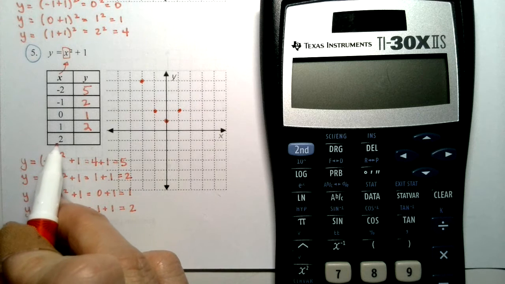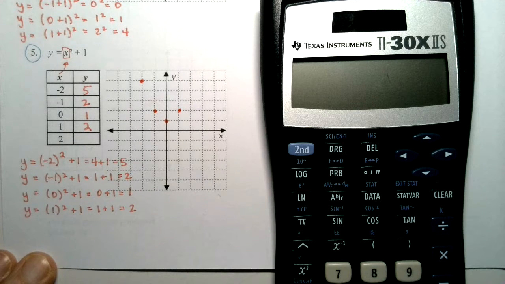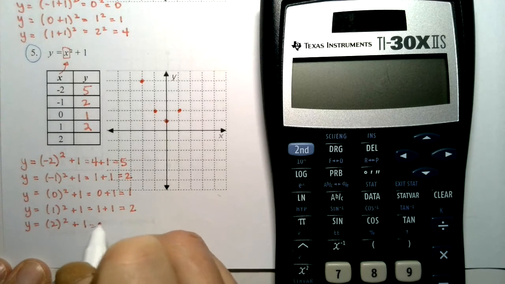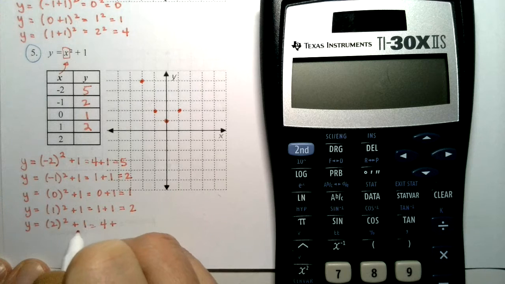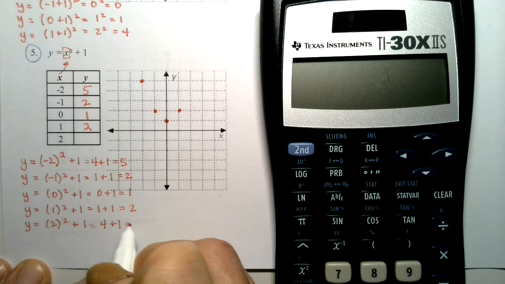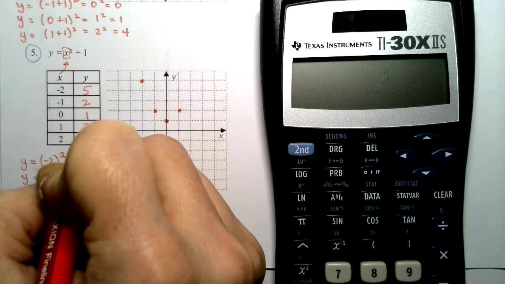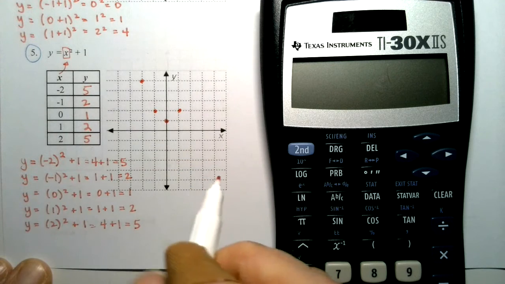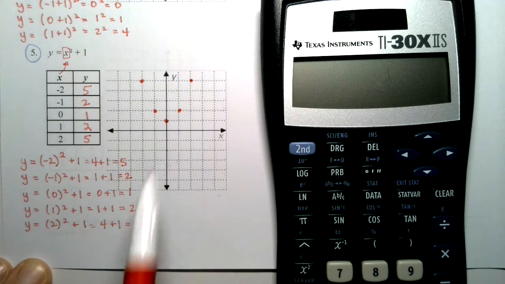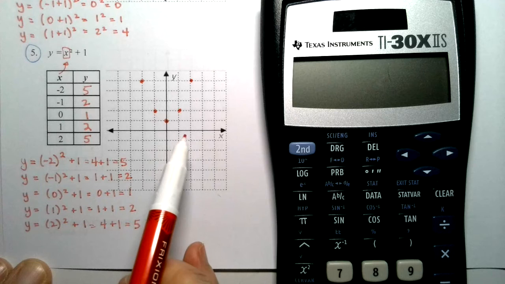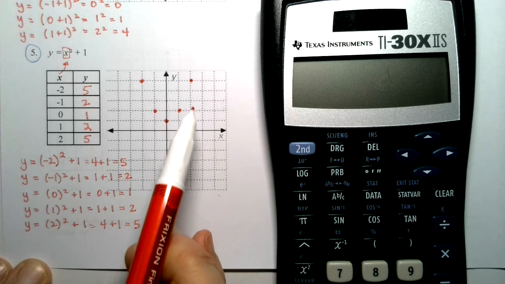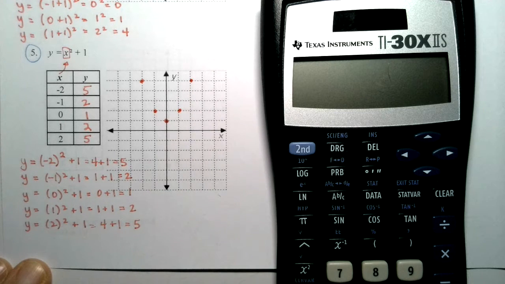Last point that we're plugging in is when x is 2. 2 squared is 2 times 2, or 4, plus the 1 equals 5. So our last point is 2, 5. That point is right here where x is 2 and y is 5. Now draw your curve.